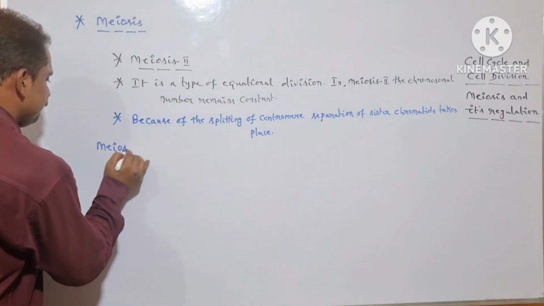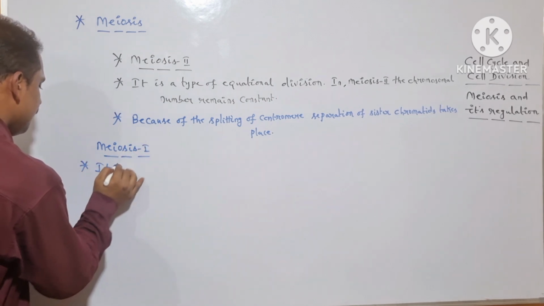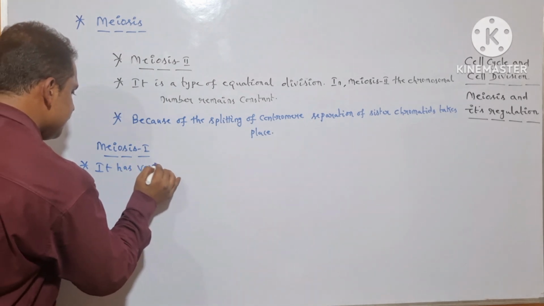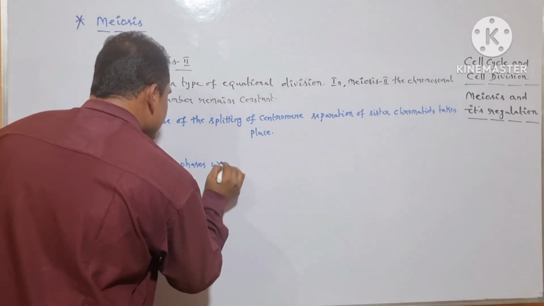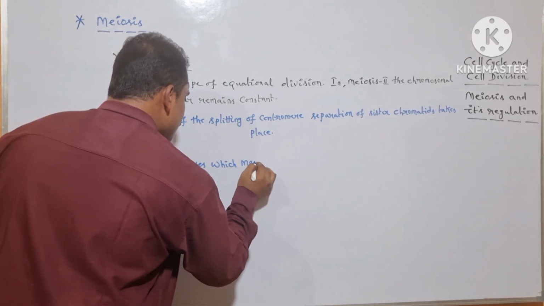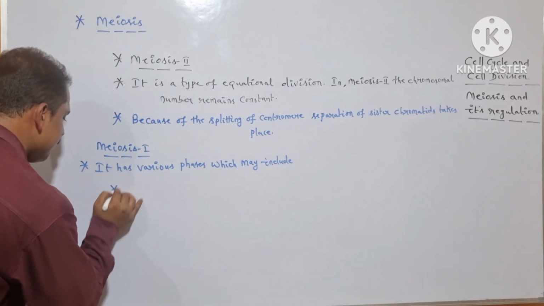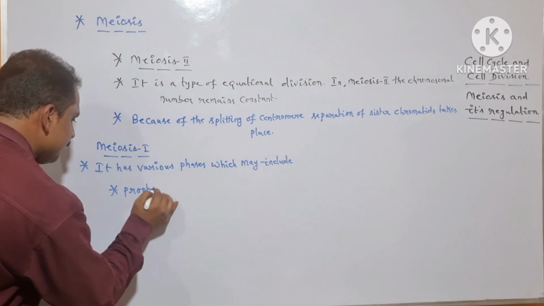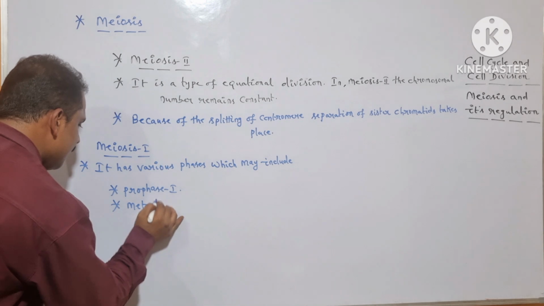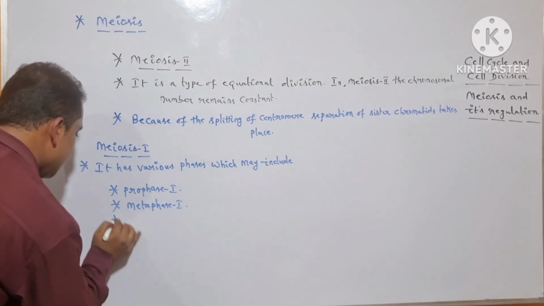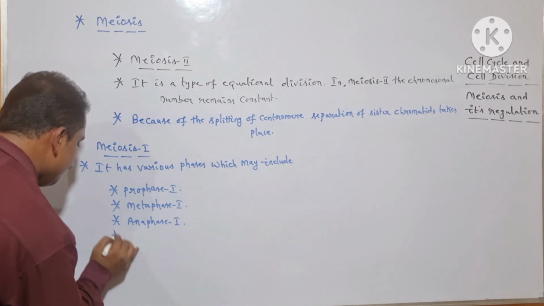Meiosis 1 has various phases which may include prophase 1, metaphase 1, anaphase 1 and telophase 1.